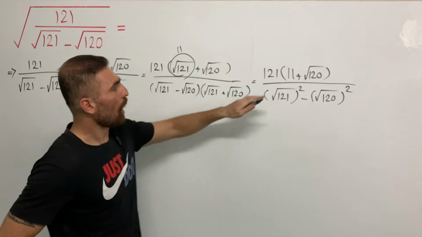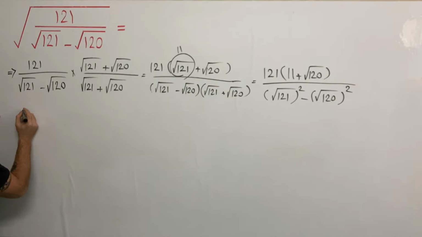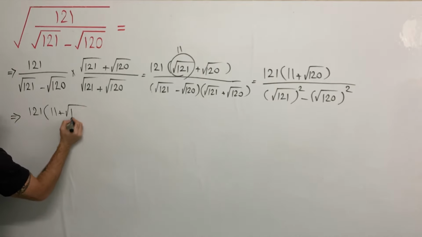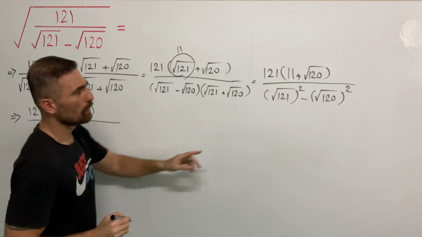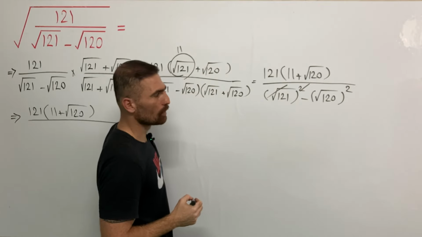So I rewrite the top exactly the same. It is going to be 121 multiplied by 11 plus square root of 120. What do we have on the bottom? These two as exponent and these two as root can be cancelled off.